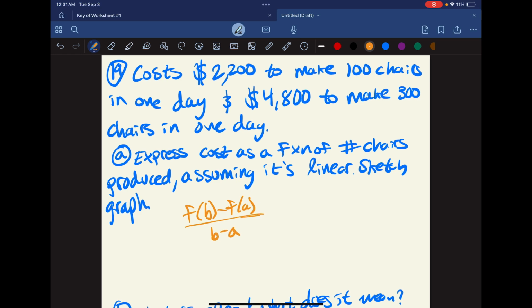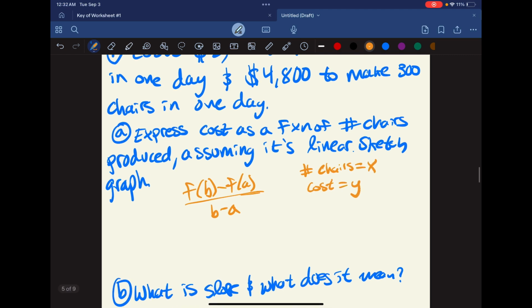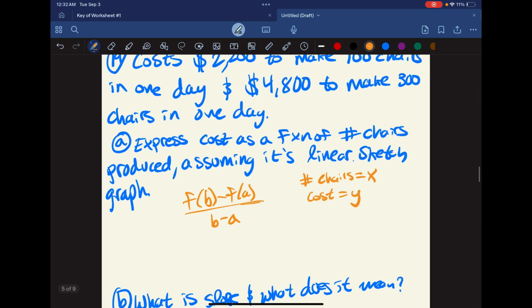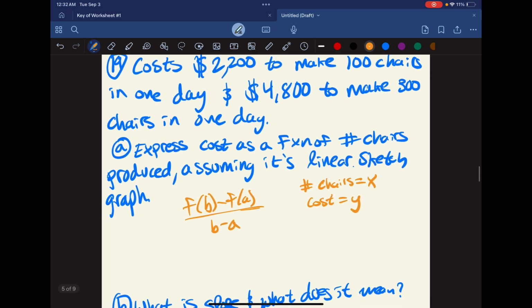This is a formula that you'll be using a lot throughout the semester. So if we say the number of chairs is our x, and then the cost is our y, then our f of b, or our y, would be 4,800, because our b would be 300 chairs.